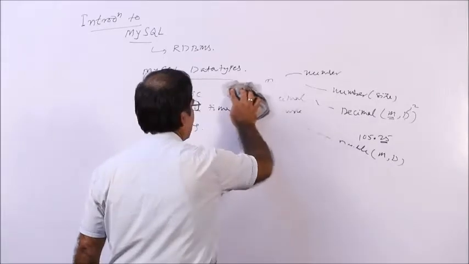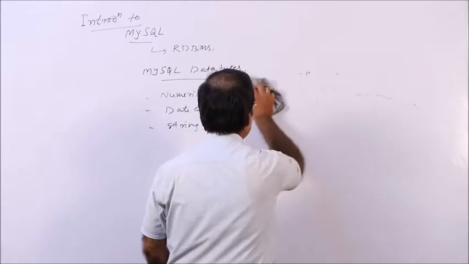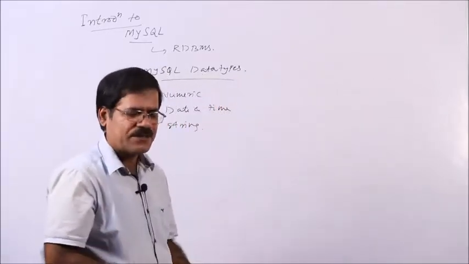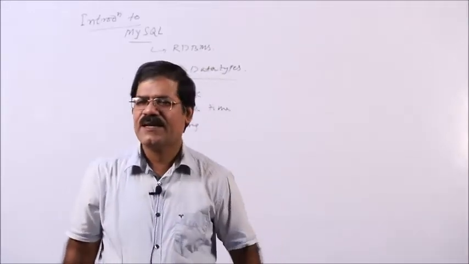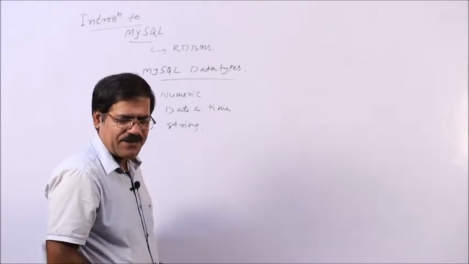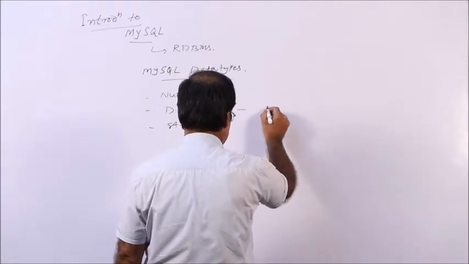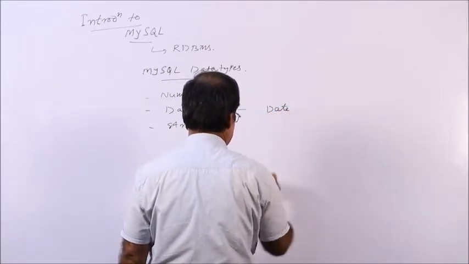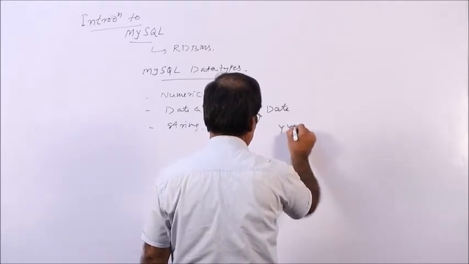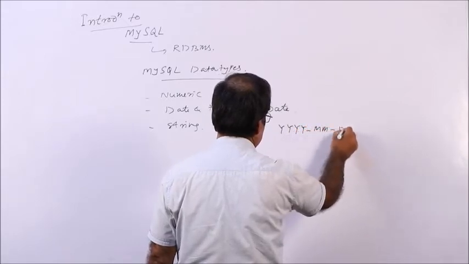Similarly, the next is your date format. Suppose a student's age, I want to insert the age of a particular student or employee. So, age must be a date type, you can assign the date type. What is the format of date type? Year, month, date. First is year, then month, then date.